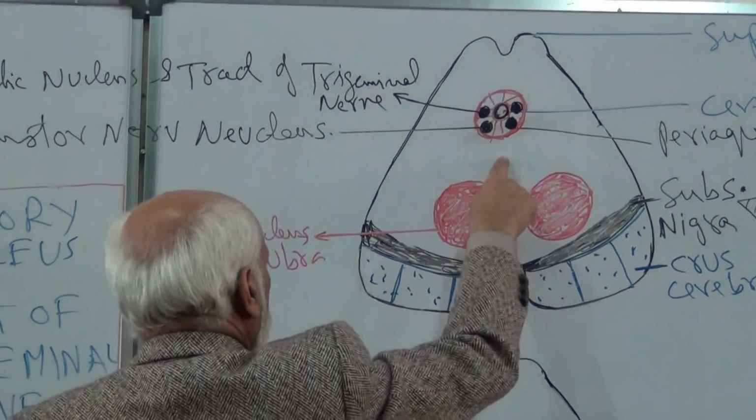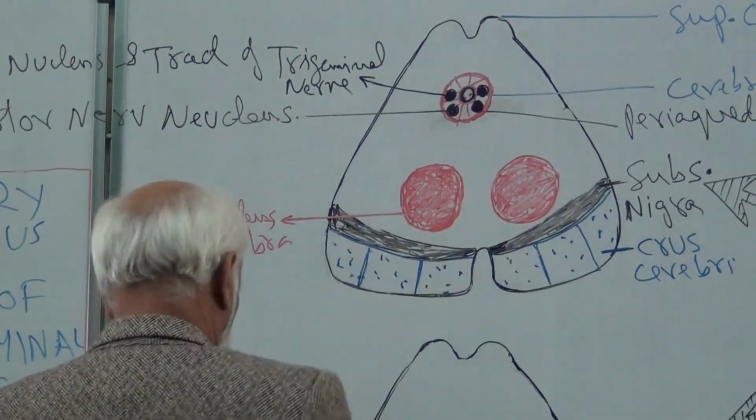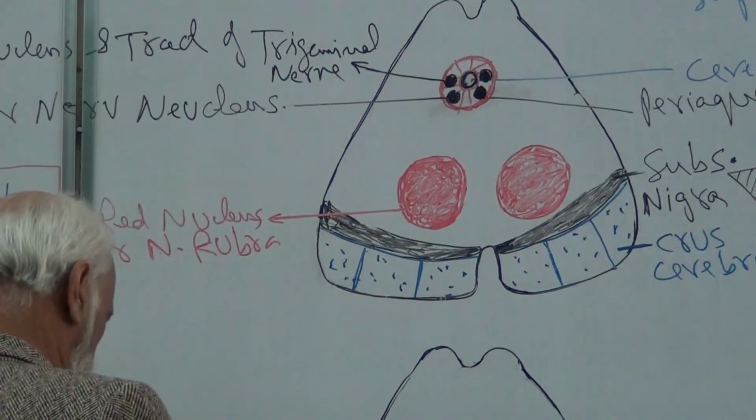Now here, in front of the central gray matter, between the two red nuclei, there is a decussation.